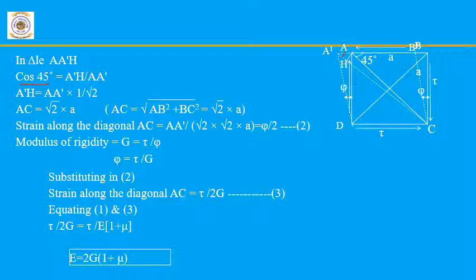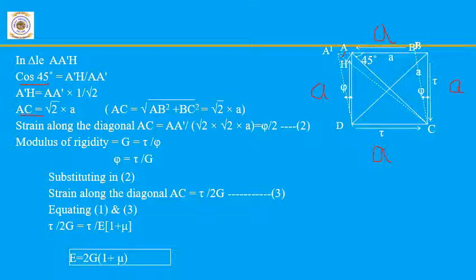If we consider the upper triangle, AC can be written as root of AB square plus BC square. But we know the length of the sides are small a, therefore in place of AB we can write small a, in place of BC we can write small a. So this becomes root 2 into a, therefore AC can be written as root 2 into small a.